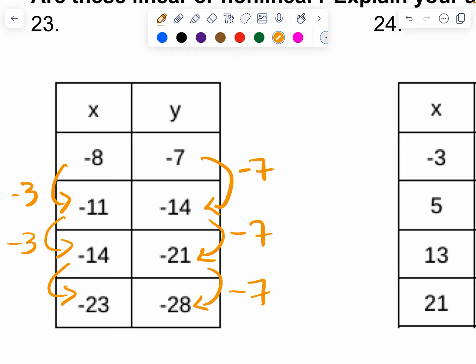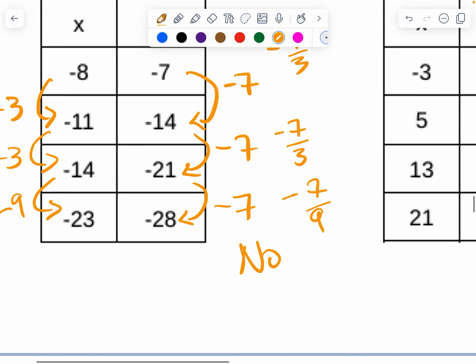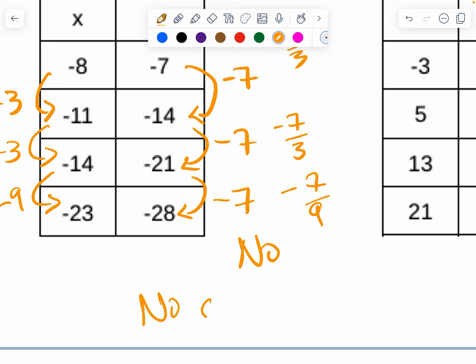So that went down by 9. So we would have negative 7 over 3, negative 7 over 3, and negative 7 over 9. So that is a no, it is not linear. They do not have a constant rate of change.